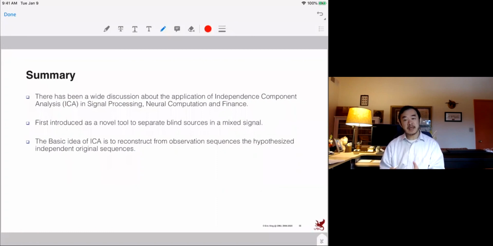So you can see ICA, FA, PCA all have some similarity, which is about a transformation of the observation through a matrix multiplication so that they go to a new space, either of low dimensionality or of principal components or factors.